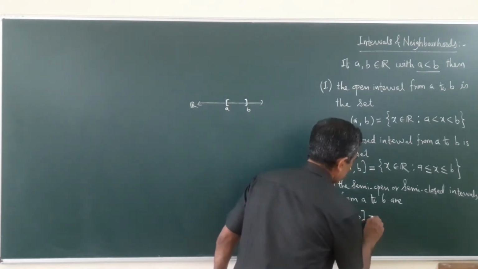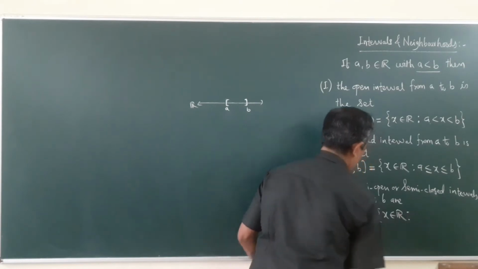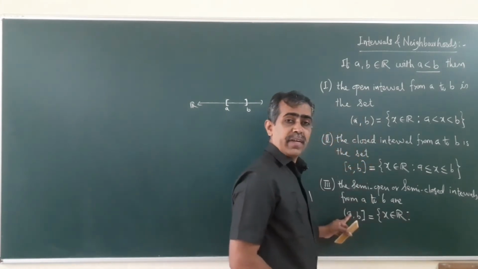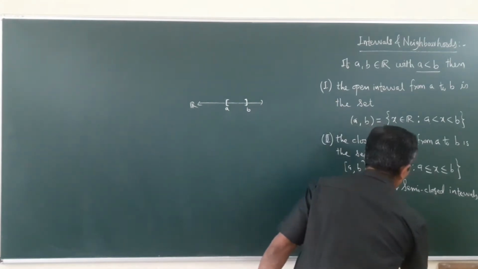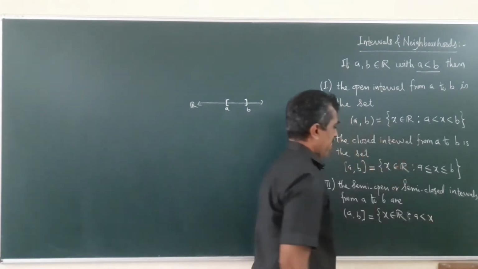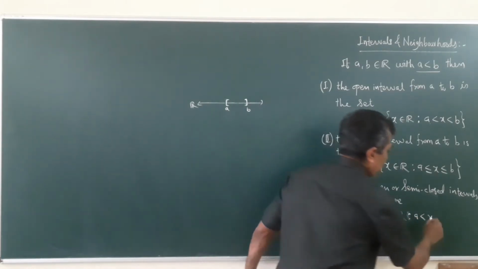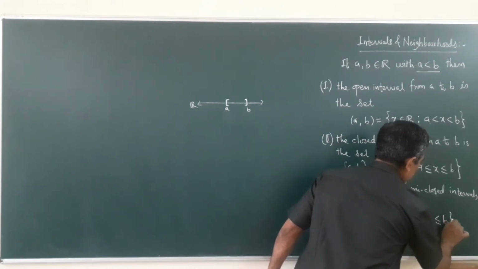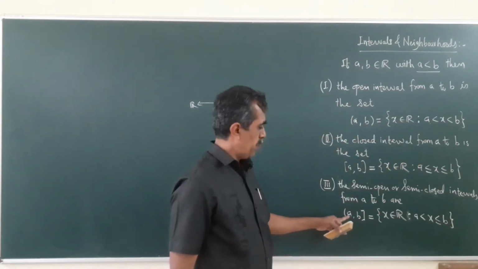So it is the set of all x belonging to R such that it is open to the left hand, meaning we don't consider that number. So x is strictly greater than A, not equal to A because it is open, but x is less than or equal to B. This is semi open or semi closed, half open, half closed.